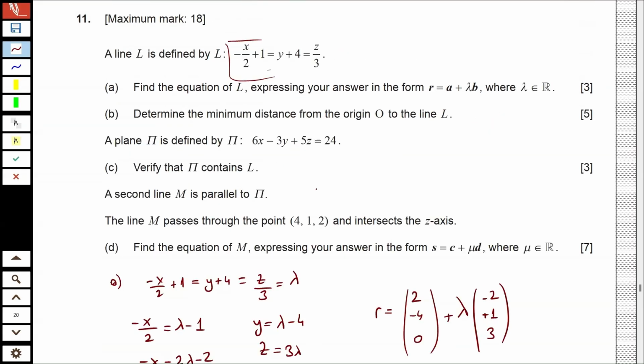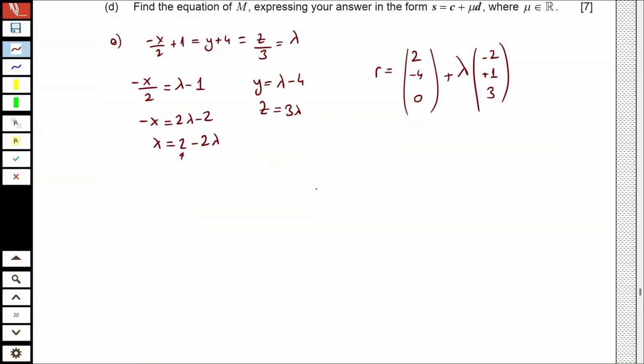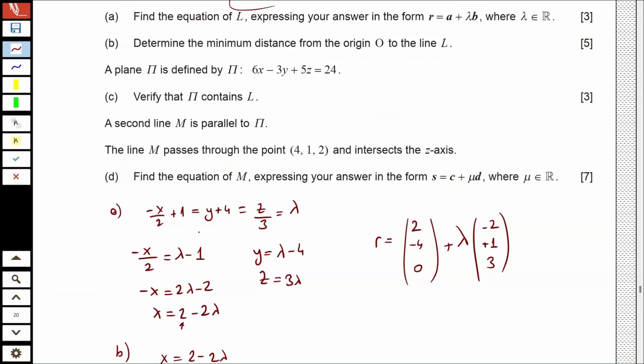At question B, determine the minimum distance from the origin to the line L. So we know that for L, x equals 2 minus 2 lambda, y equals lambda minus 4, and z equals 3 lambda, right?